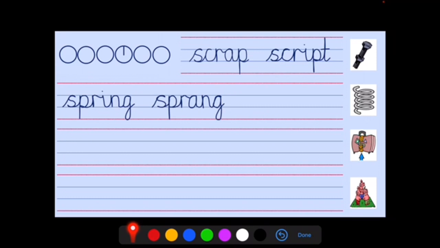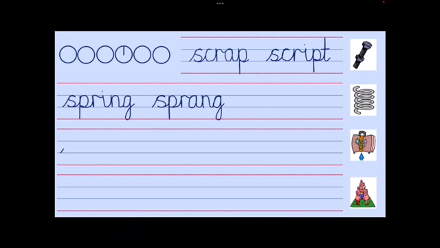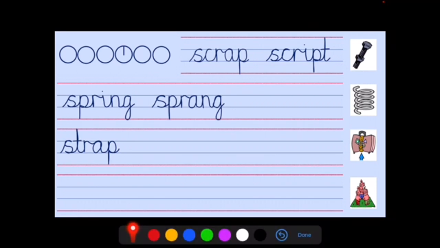Strap. Str, S-T-R, and then A will be A and the letter P. Strap. But maybe you didn't have a strap around that case. Maybe you used string.